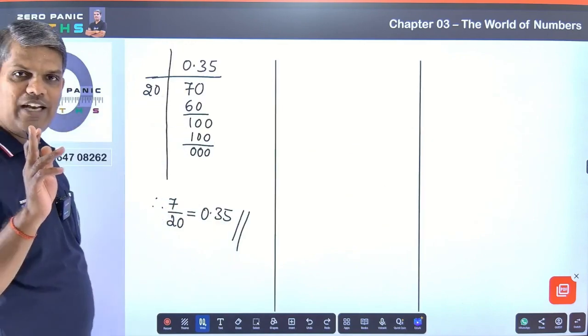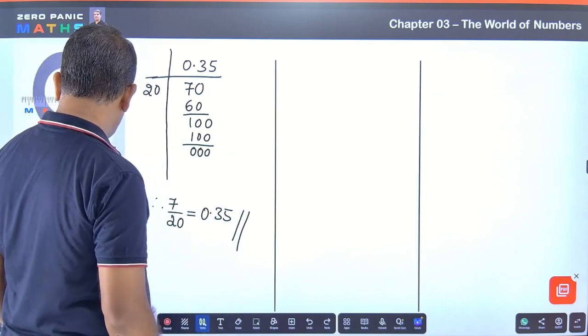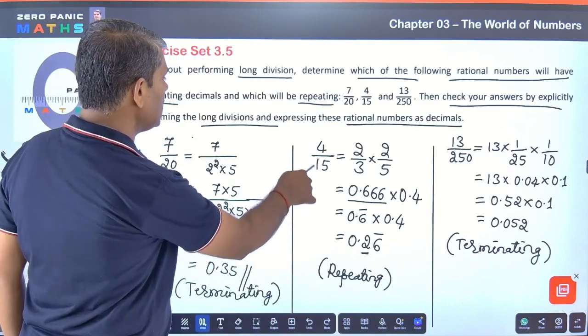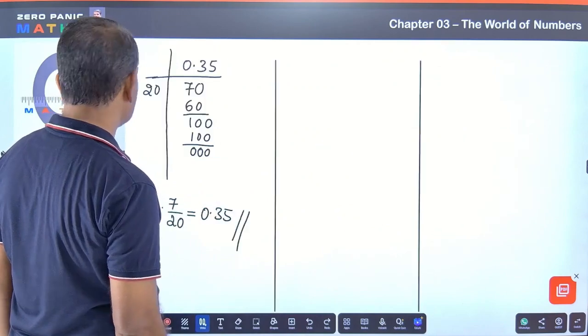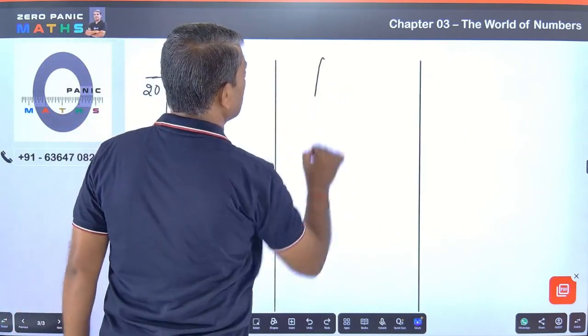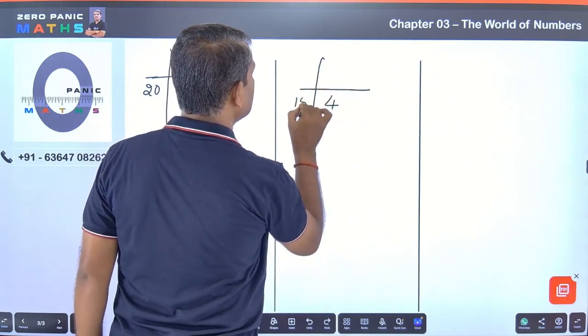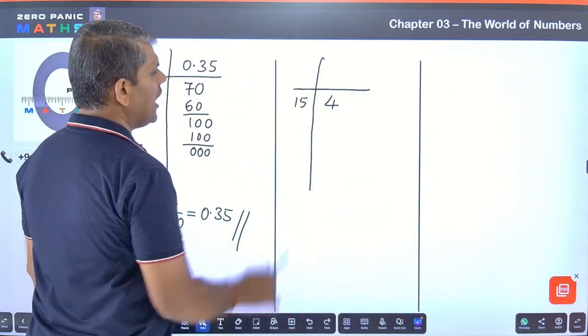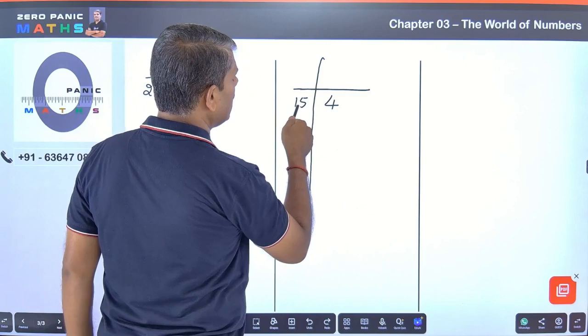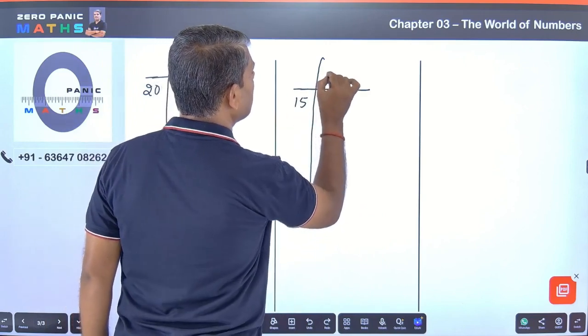You understood this, right? Okay, so let us consider the second one. Second one is 4 by 15. Here 4 is the dividend and 15 is the divisor. Again, obviously 4 is not divisible by 15, so I will take 0 point.